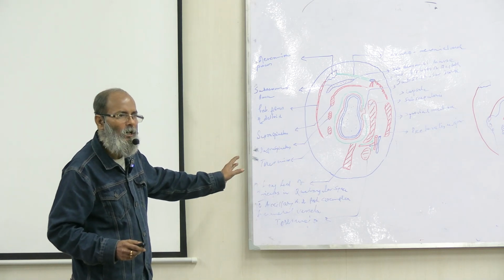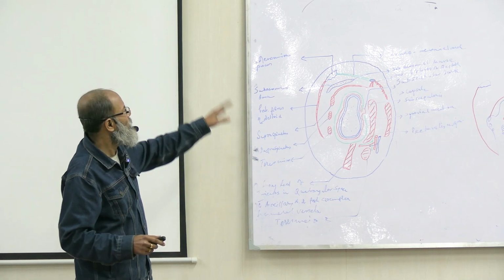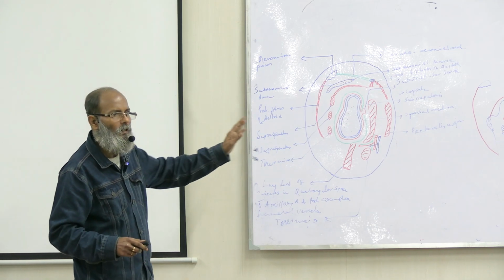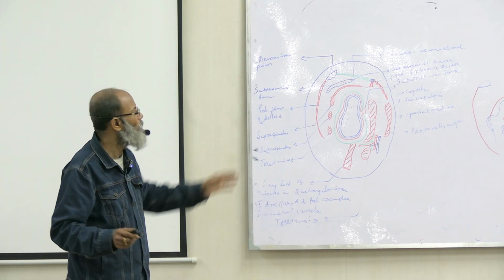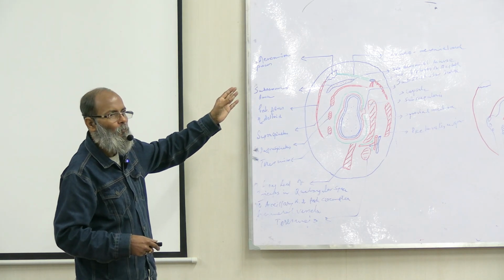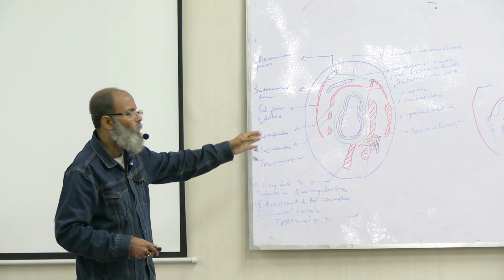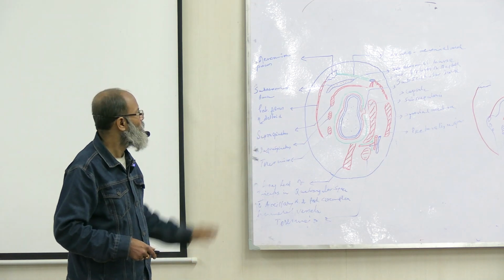So the relations are given. Now you have to describe what is above, what is below, what is anteriorly and what is posteriorly in this way. Above is the supraspinatus, subacromial bursa, coracoacromial arch. Below is the long head of triceps, teres major and the axillary vessels and nerve.